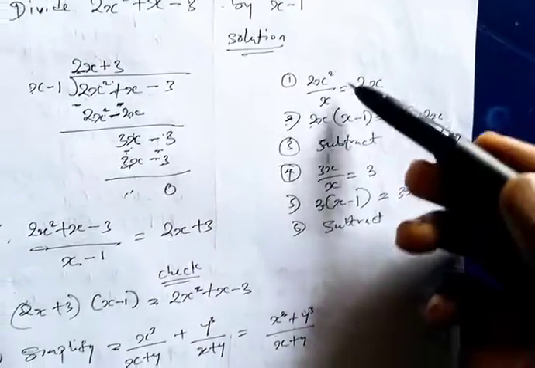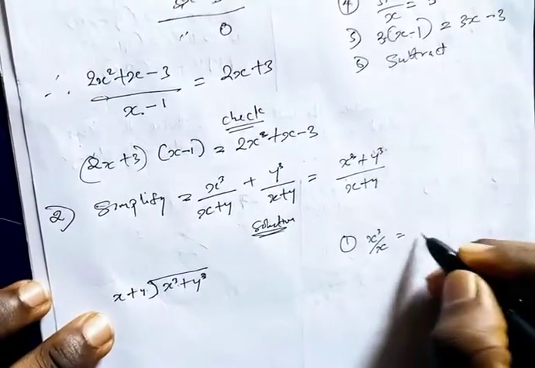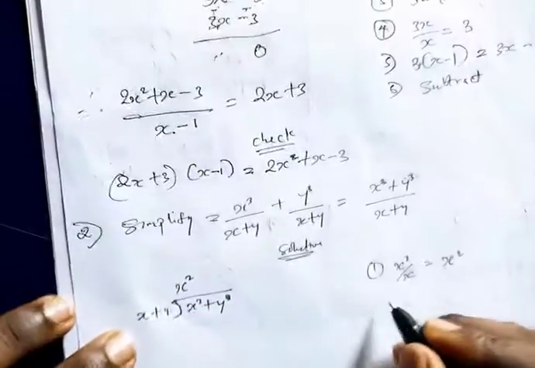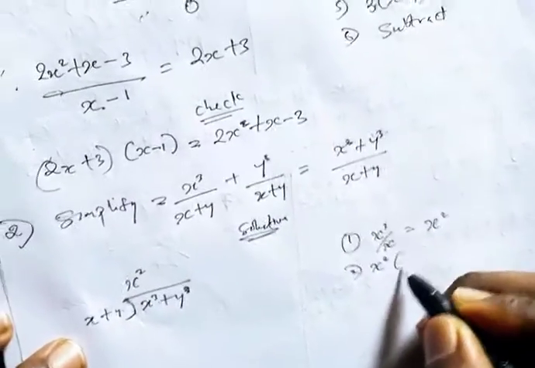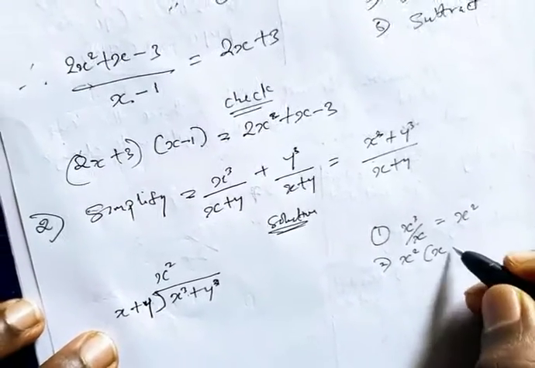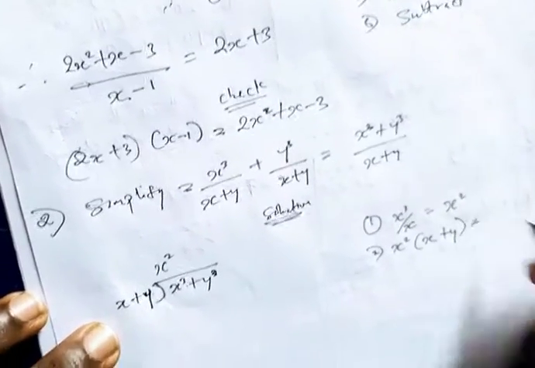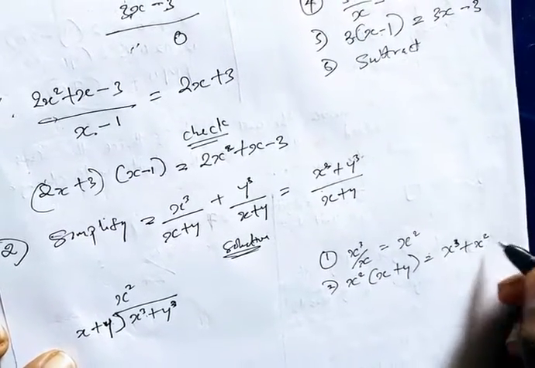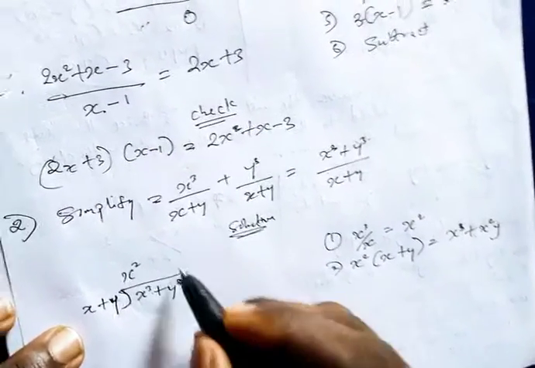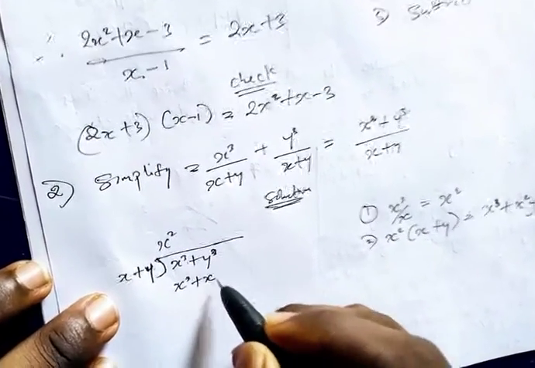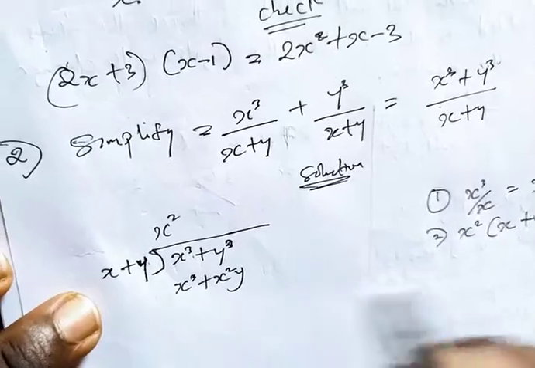So this gives me x squared. Then I multiply, which is the second step, x squared multiplied by x plus y to give me x cubed plus x squared y. So I'll have that x cubed plus x squared y.